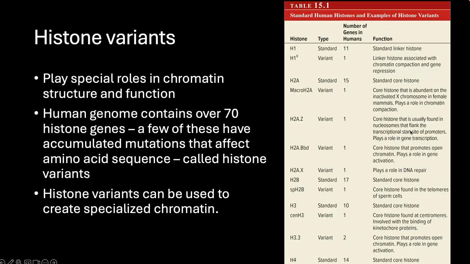There are several variants, so we won't dive into them all, but one example, histone H1's variant shown at the top of this table here, forms a tighter association between histones and is associated with gene repression. These histone variants tucked into the octamers can change the conformation of chromatin and create specialized types of it.